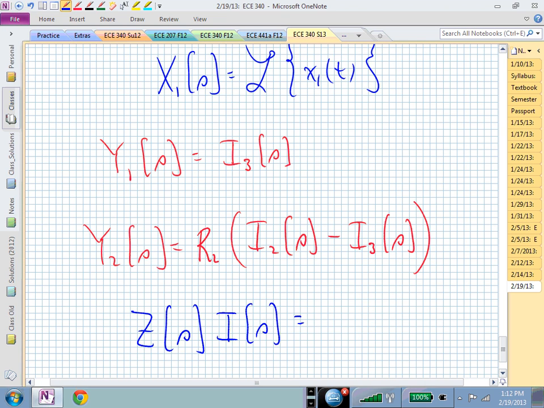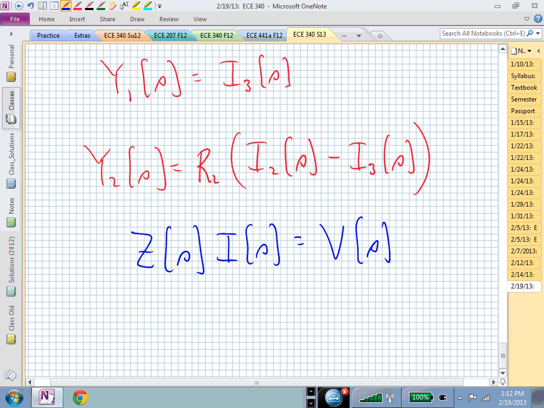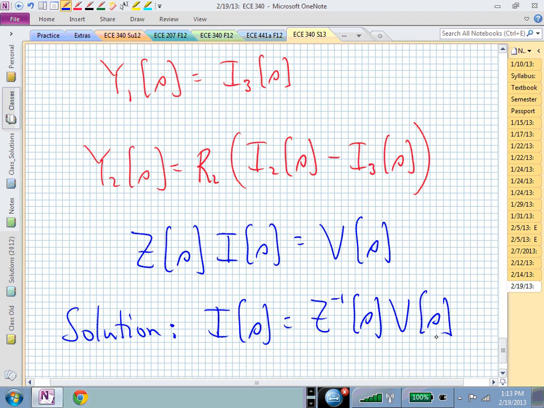Capital I is my vector of 3 currents, and that's equal to some source right-hand side I'll just label as V of S. If I wanted to solve this, I could find those currents, or at least their Laplace transforms, by pre-multiplying on the left.